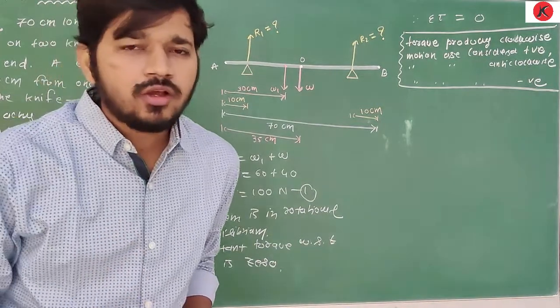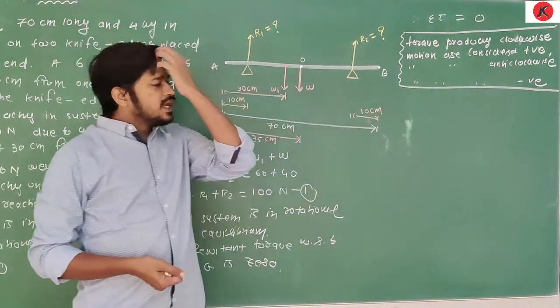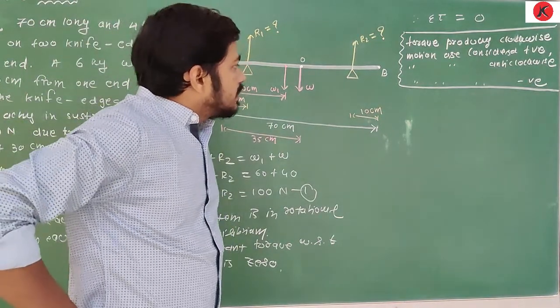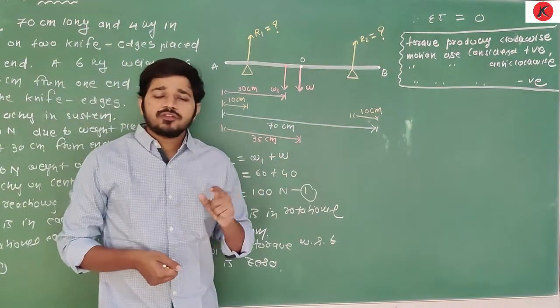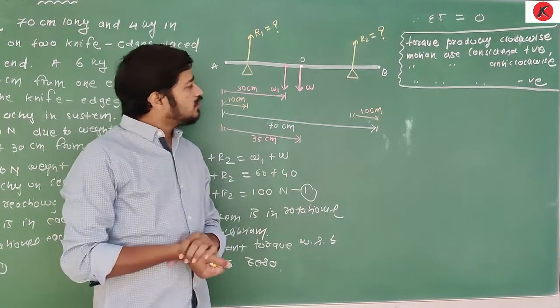How? I will explain, don't worry about it. So first of all, this sign convention you have to remember. Torque producing clockwise motion are considered positive, while torque producing anti-clockwise motion are considered negative. Actually, we have discussed this topic in the principle of moments. So now we will revise this topic.